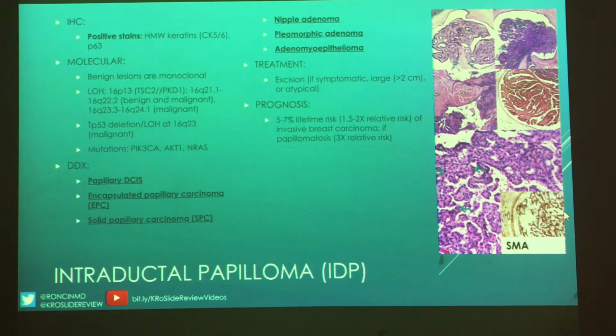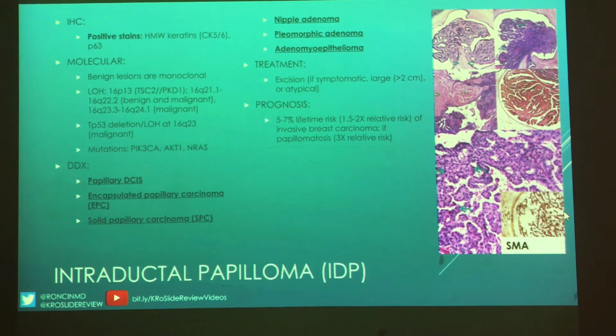So papillomas themselves, this is that 1.5 to 2 times relative risk over a lifetime. If they have papillomatosis, the risk is slightly higher, but that makes sense because they already have more lesions and they're predisposed to more lesions. And pretty much if they're symptomatic, so if the patient has nipple discharge or it's painful or it's becoming very large, we'll take those out.